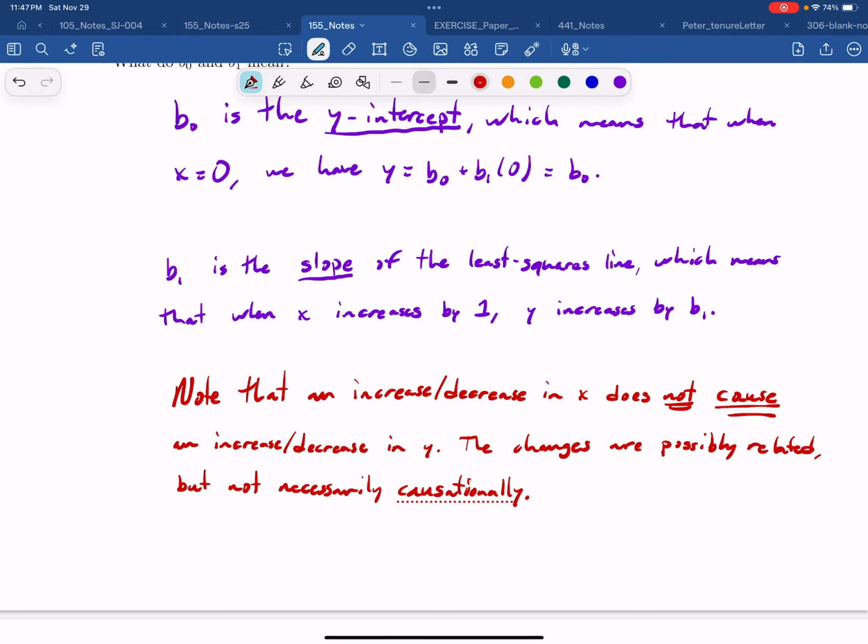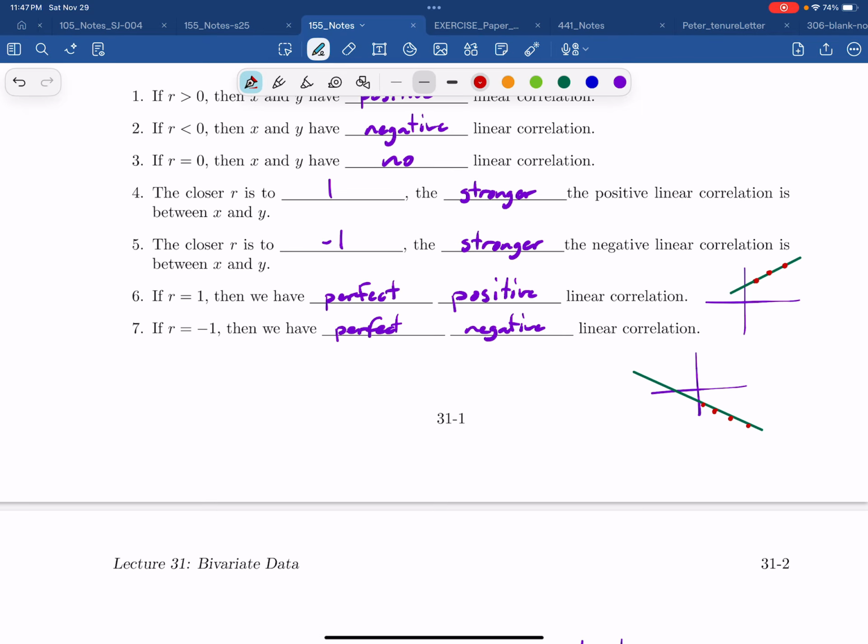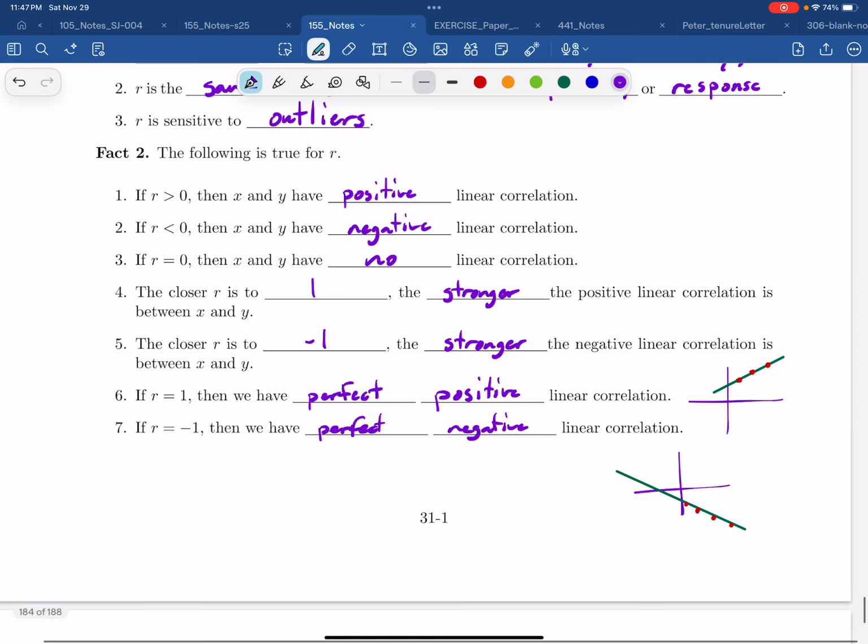Okay. Now, just one more thing I want to say, right back up here, actually, regarding increase and decrease. r is the correlation coefficient.